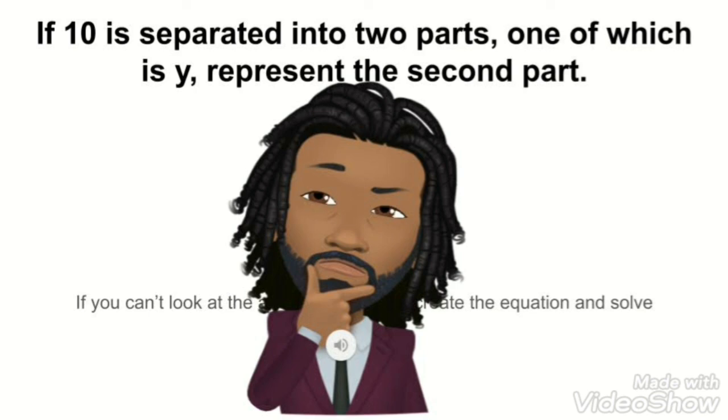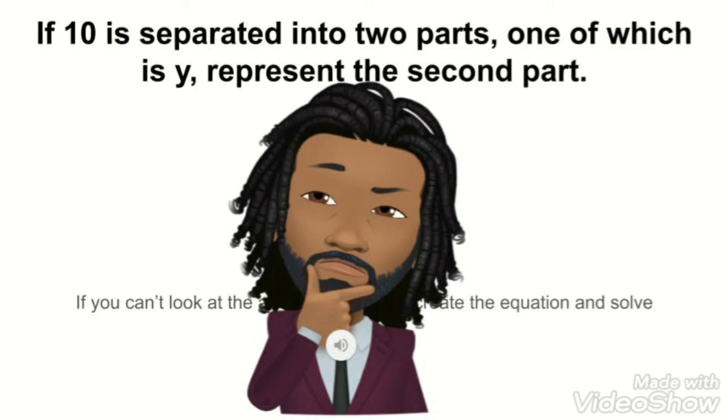He had this one question. It said, if 10 is separated into two parts, one of which is y, represent the second part. And I just don't get it. I don't understand that. And if you can't just look at that and say, okay, x plus y is 10, right? It's separated into two parts.